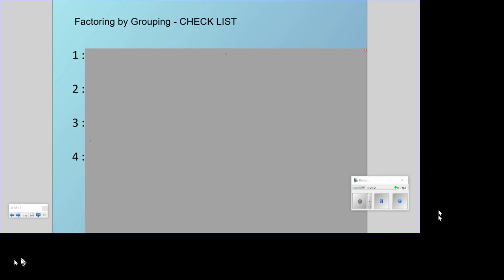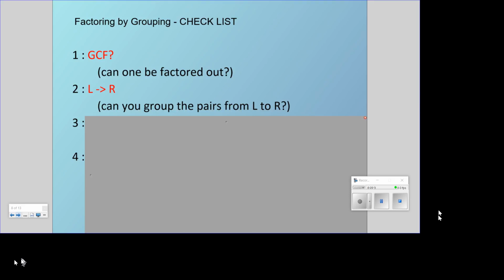So a couple things to remember. Firstly, always look for a GCF. Can a GCF be pulled out of your expression? Next, we group from left to right. Can you group the first 2 and the last 2? Would they share a factor? If they don't, this might mean you need to rearrange your terms. So that could be needed.